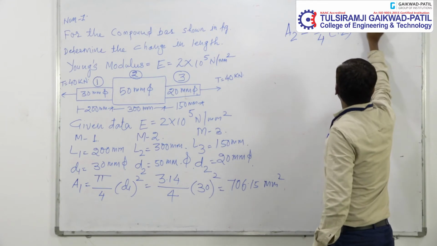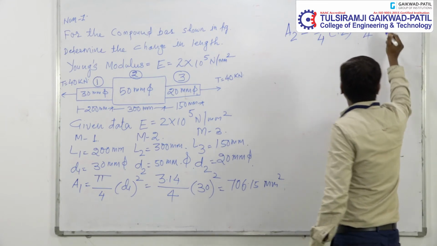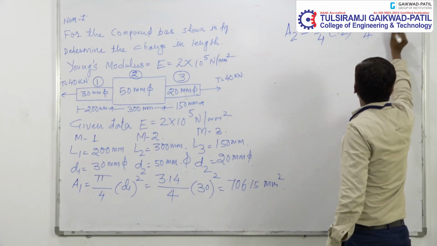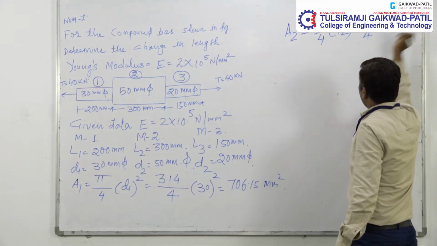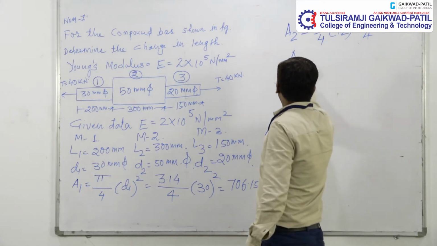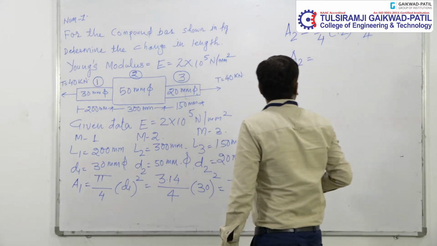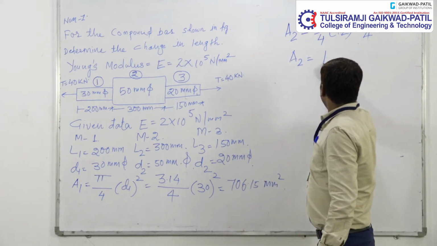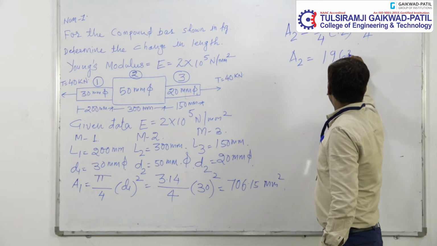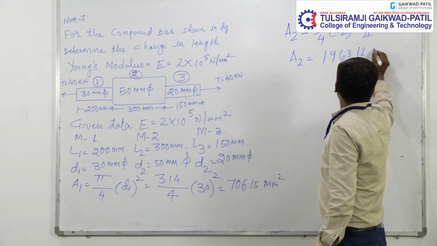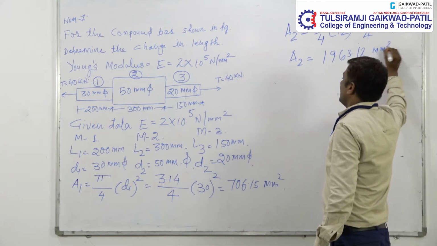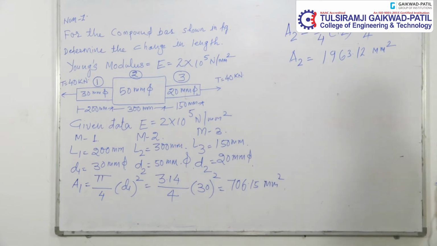By putting the value pi by 4 into 50's whole square, we will get the area A2, after calculation, 1963.12 mm square. So this is the area for material number 2.